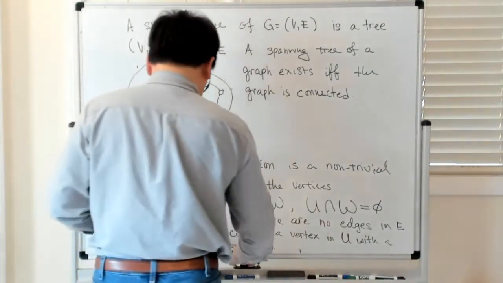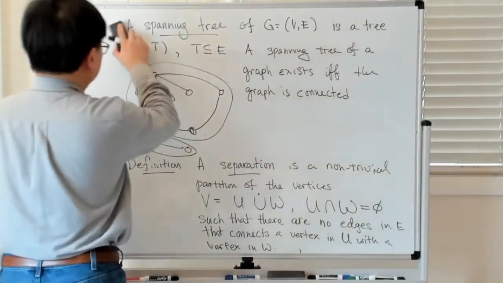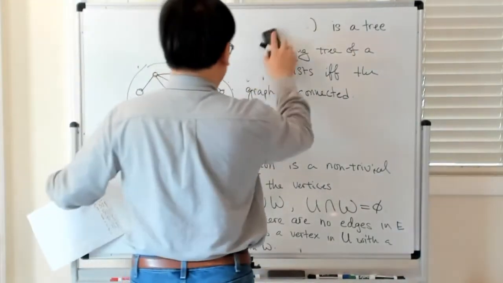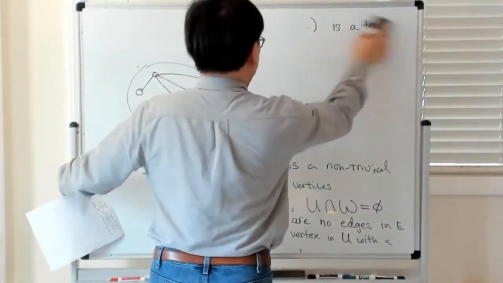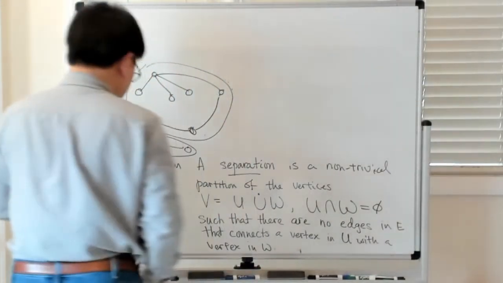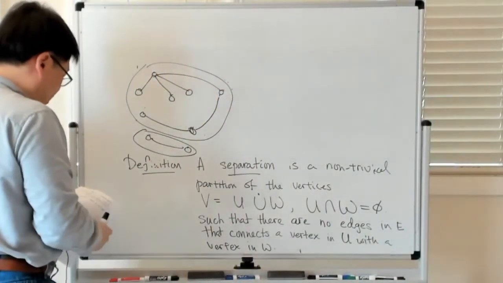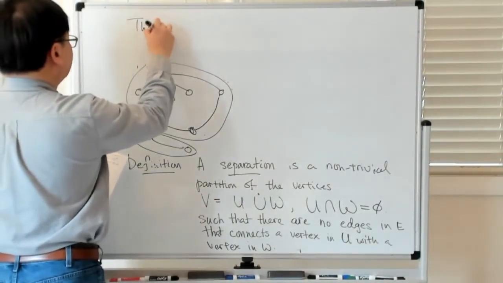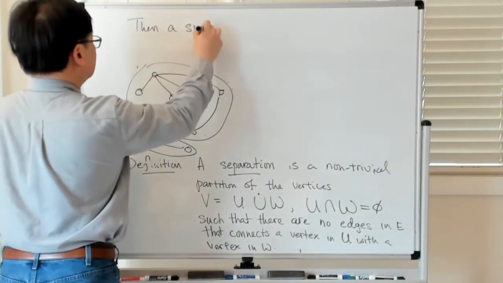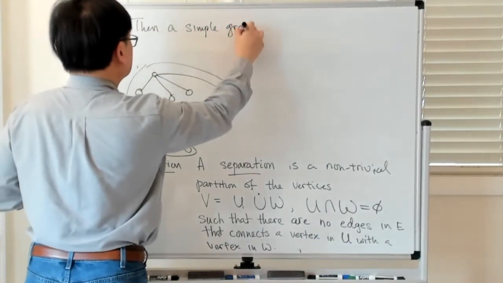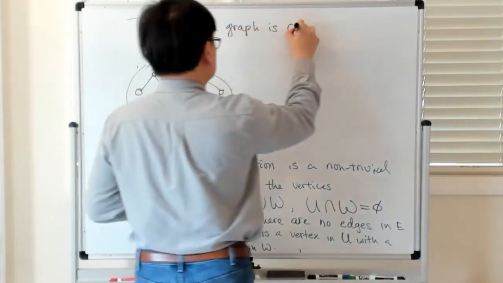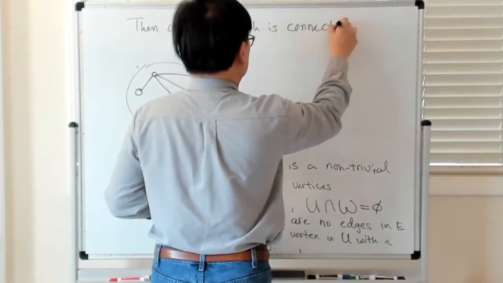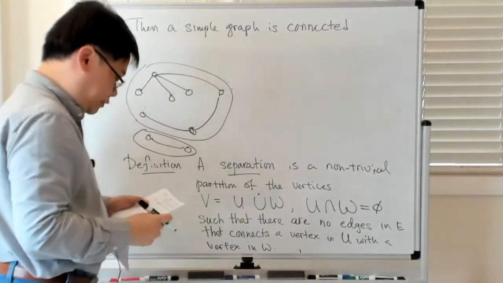All right, so it's then easy to convince yourself that another way of thinking about the notion of connectivity is that a simple graph is connected if there doesn't exist such a separation.